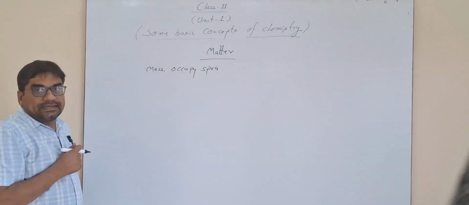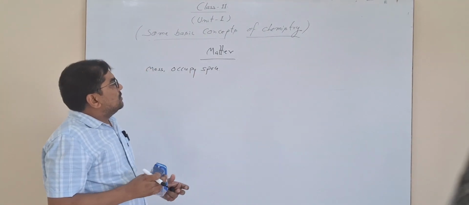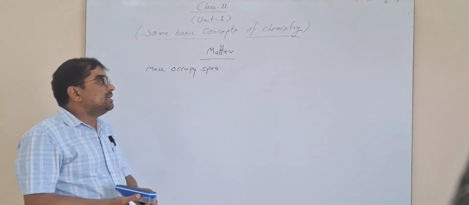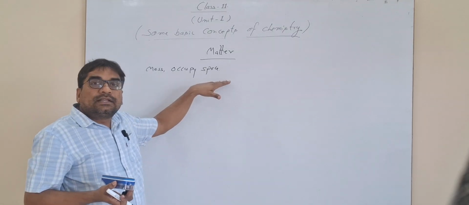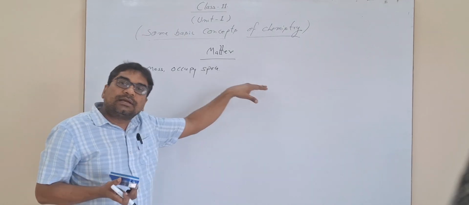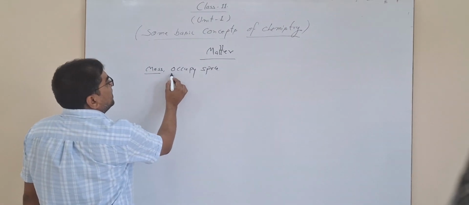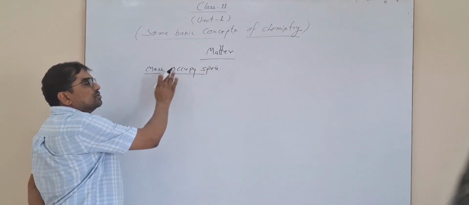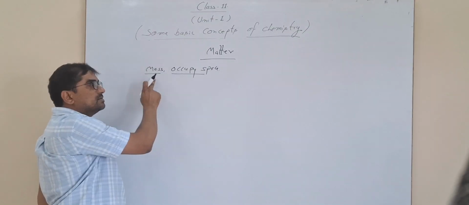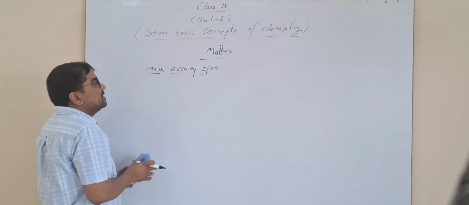It's called matter. Now, division of matter is carried out in two ways: physical classification and chemical classification. So, the basic points related to matter are that it contains mass and occupies space.